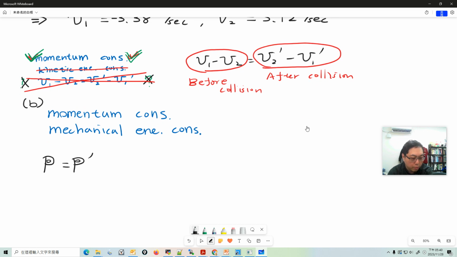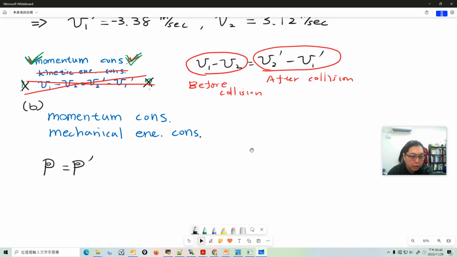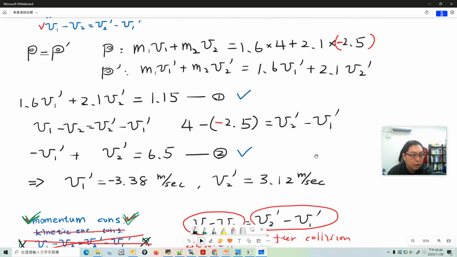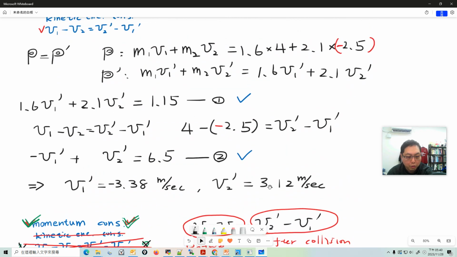Before collision, what is our total momentum? I think we calculated this before.